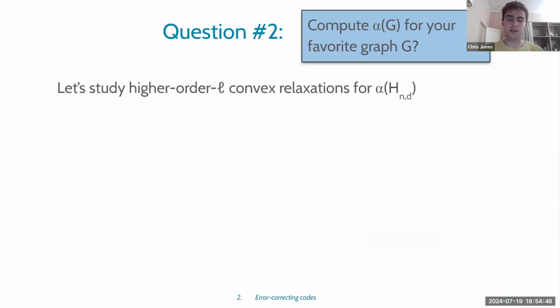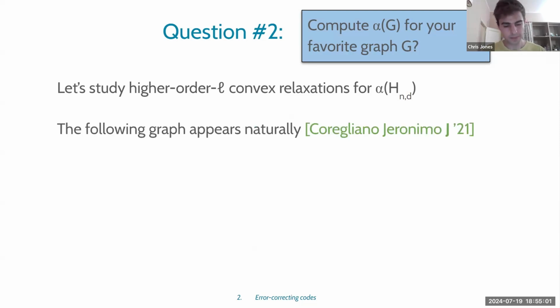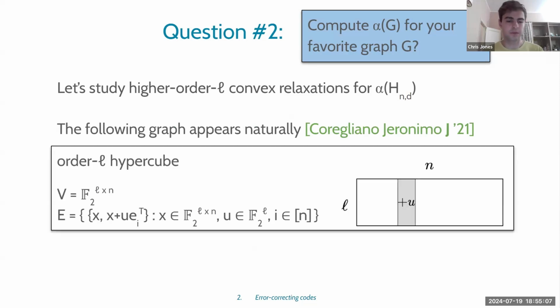Let me tell you a little bit about how this could go, how we are approaching this problem right now. So let's try and study higher order convex relaxations for alpha, h, and d. Actually, the following graph appears naturally when you are studying these types of relaxations. It's something I'll call the order L hypercube.